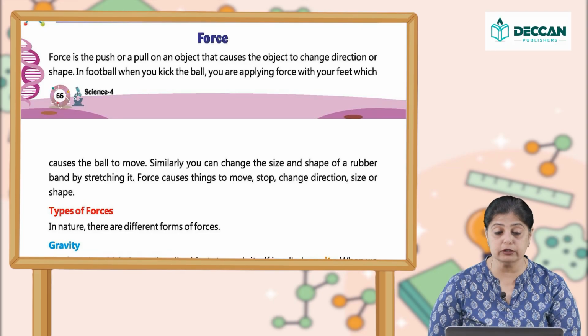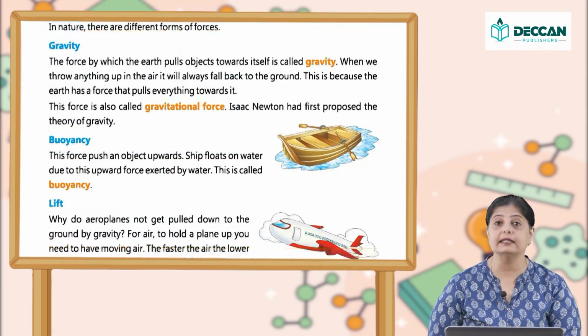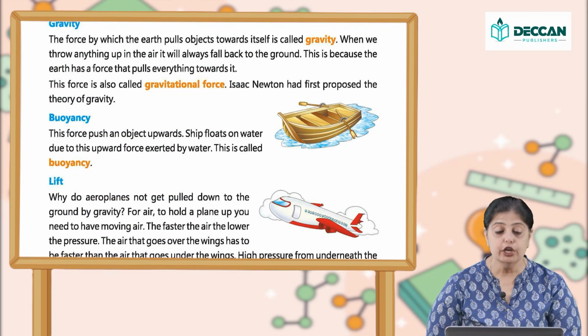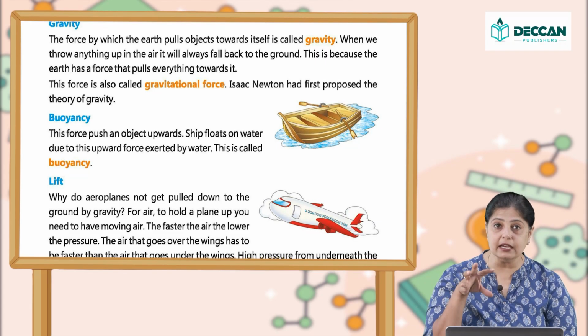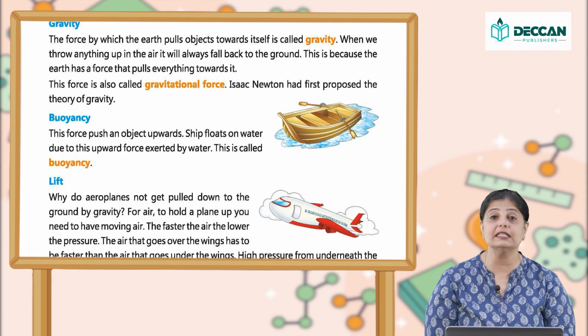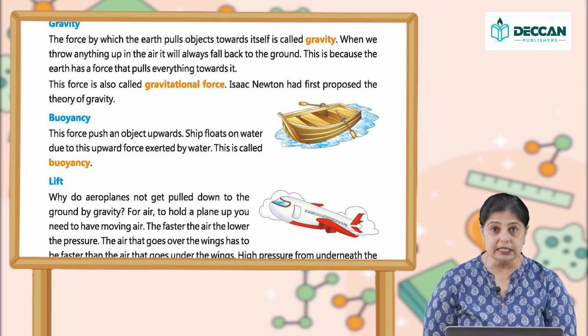Let's talk about the first one, which is a very common one and you must have heard about it: gravity. The force by which the earth pulls objects towards itself is called gravity. That means when we drop something, it falls on the ground. That means it is coming towards the earth.